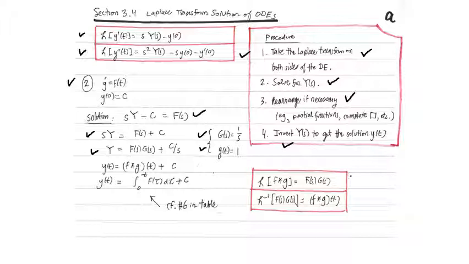The convolution theorem says the Laplace transform of a convolution is the product of the Laplace transforms. Equivalently, the inverse transform of a product is a convolution. So when we invert this step, the inverse of c over s is just c, and the inverse of F times G is just a convolution of f and g.